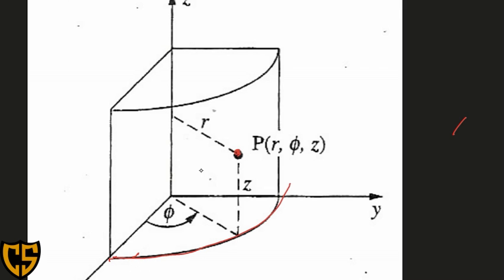So we have this same value of r, and this r is the resultant of your x and y. Then the angle here is your phi that we mentioned, and z will still be the same. So that is the conversion of rectangular to cylindrical and cylindrical to rectangular coordinate systems.